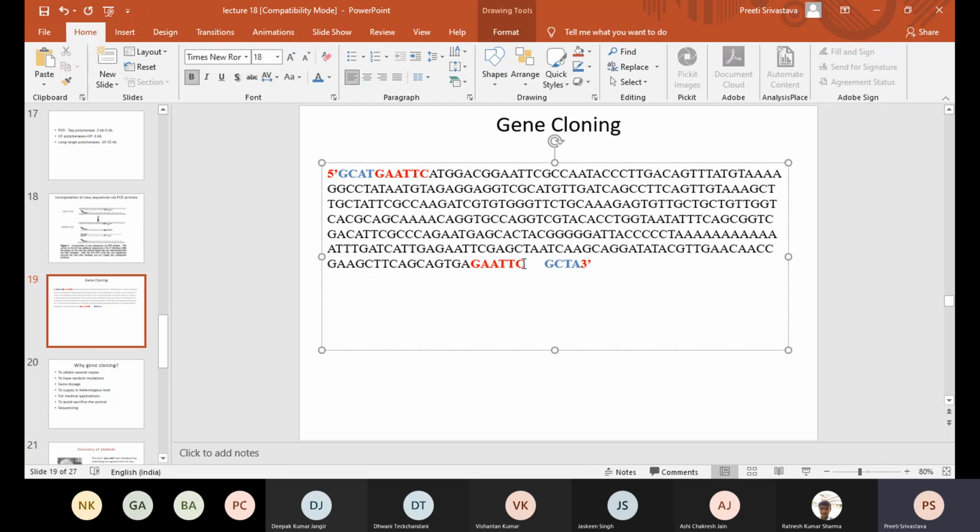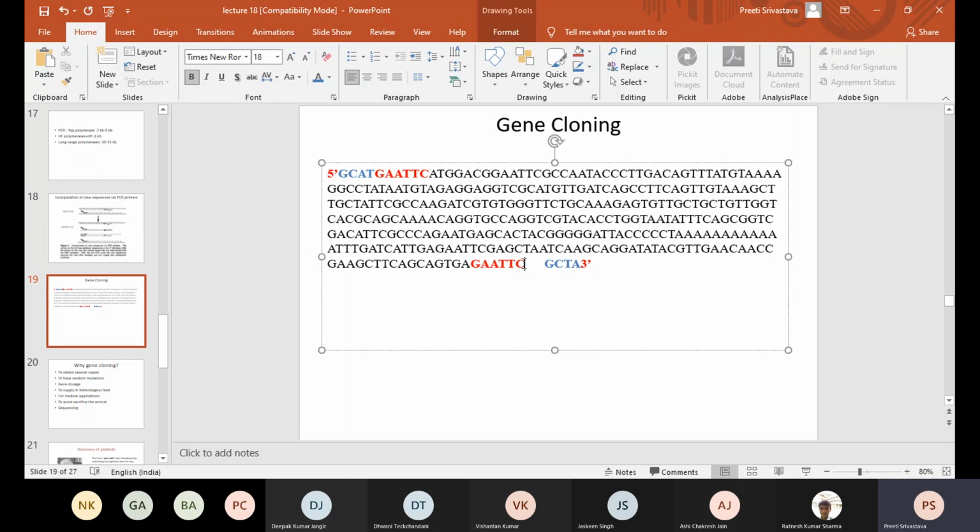The reason is that, if you remember from the class where we discussed restriction endonucleases, these restriction enzymes exist as dimers and they cleave double-stranded DNA.